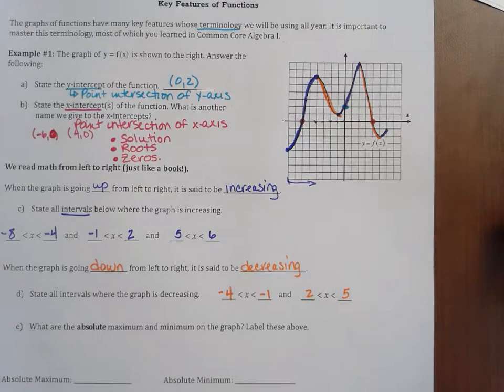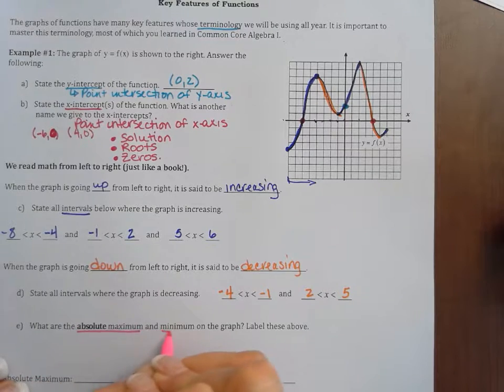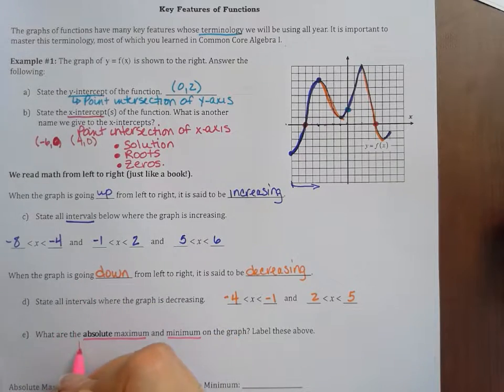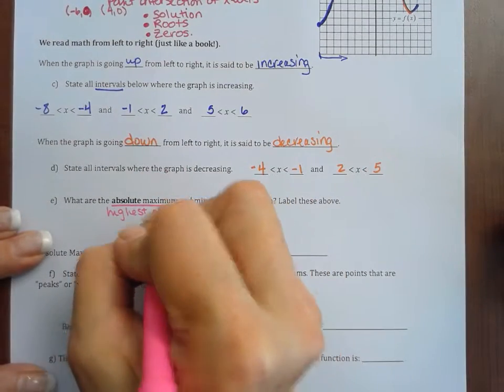All right. What is the absolute maximum and minimum on a graph? What do you think absolute maximum is? It's the highest point on the graph.